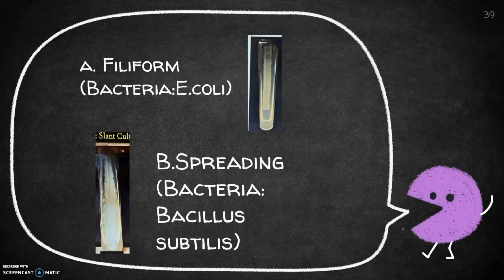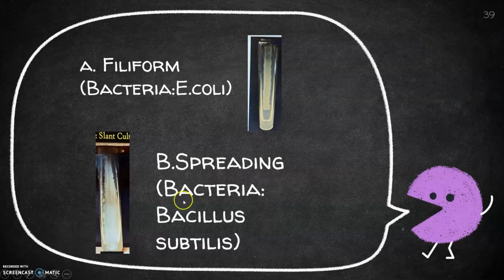Form. Number 1 is the filiform. We can see the bacteria of E. coli in the agar slant. We can compare the filiform from spreading. In this picture, we can see the spreading is occupied at the bottom of the test tube, while on the filiform, we can see only growth of bacteria in a straight line position.